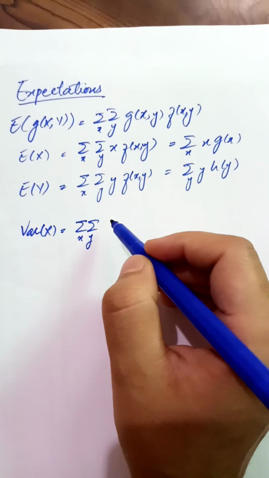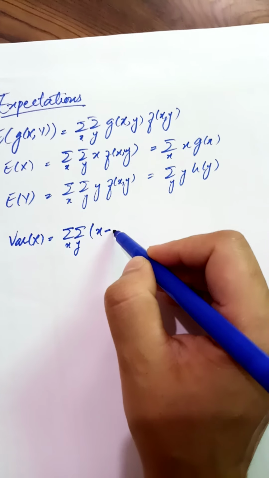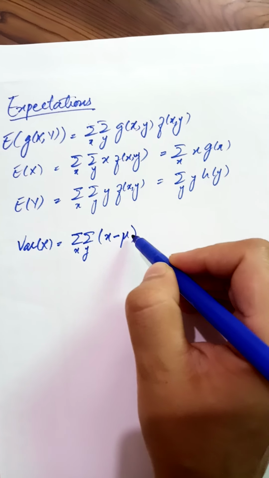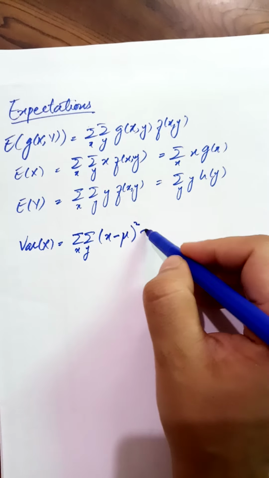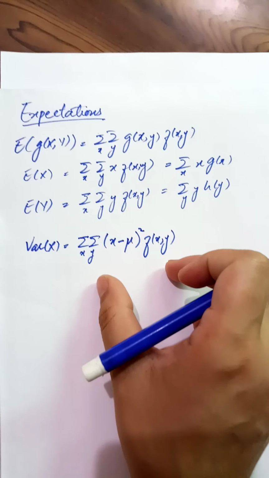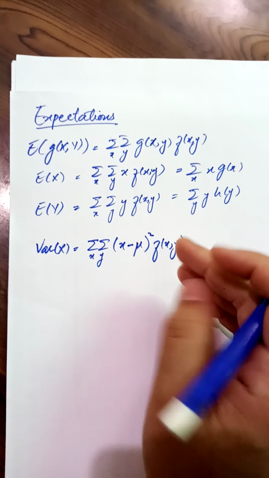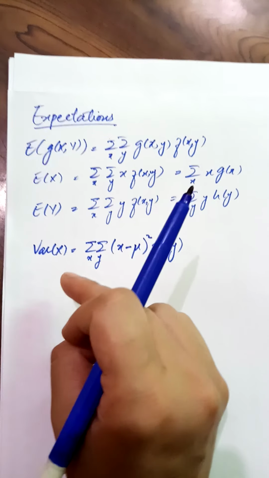For variance, we had to subtract the mean from x, square it, and multiply by f of xy. So this is our general formula. We replace g of xy by x minus mu, squared. Then we get the variance of x.